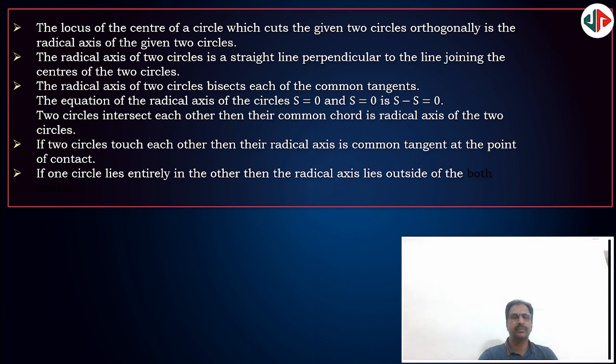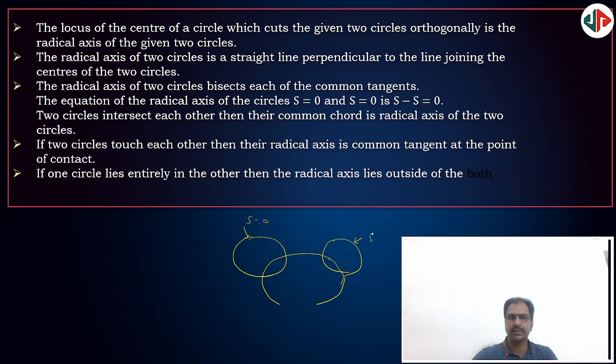Now these are the properties of radical axis. The locus of the center of a circle which cuts two given circles orthogonally is the radical axis of the two given circles. Suppose these are the two given circles, S = 0, S' = 0, and this is a circle which is intersecting the two given circles orthogonally.